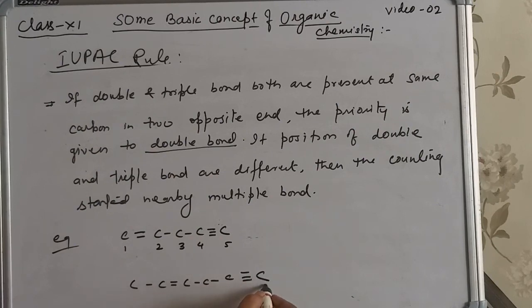So the correct order will be 1, 2, 3, 4, 5 and 6. So the correct name will be hex-4-en-1-yne.